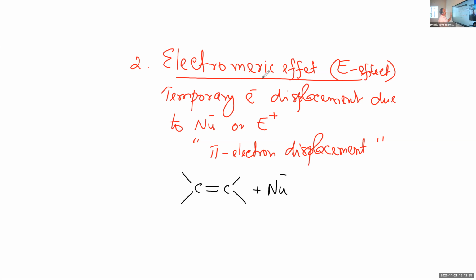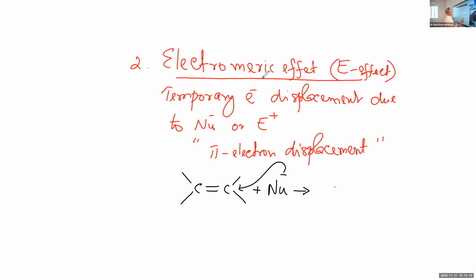What will happen to the pi electrons? The nucleophile is electron rich, negatively charged, and pi electrons are also negatively charged. So when a nucleophile is approaching the carbon-carbon double bond, the electrons will be displaced to the neighboring carbon atom.